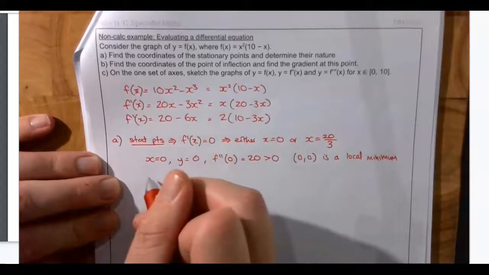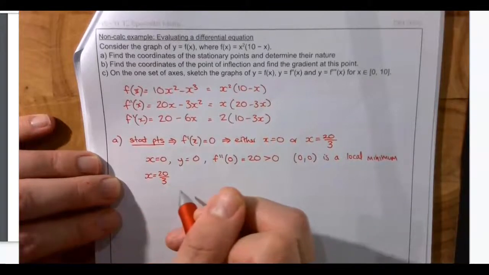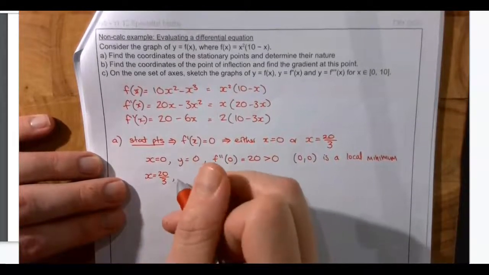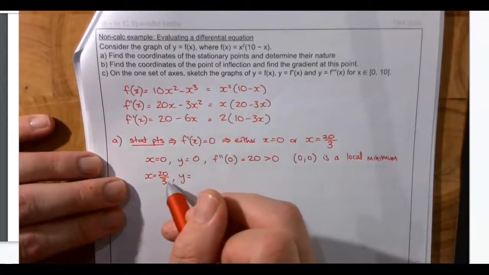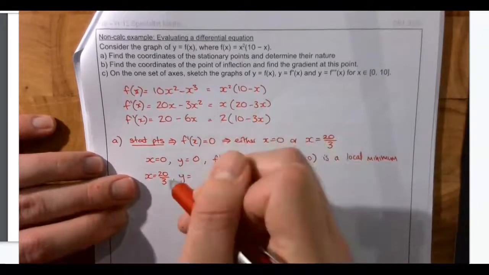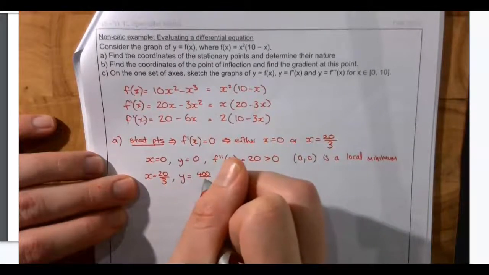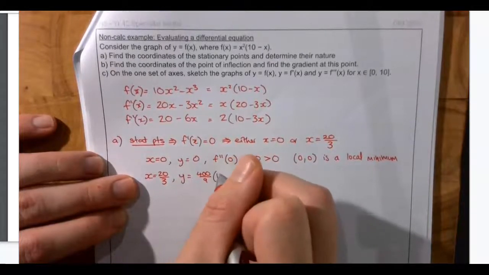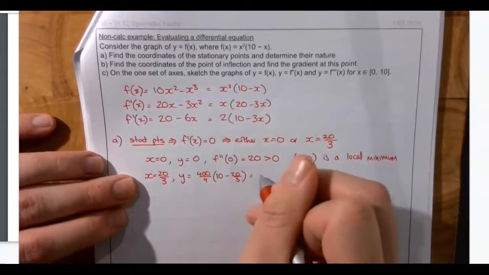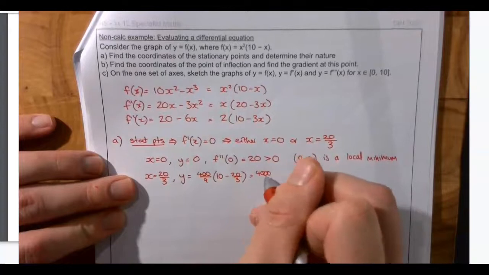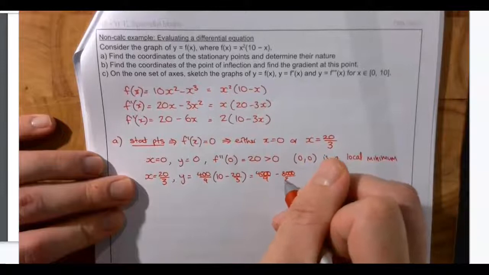We repeat that trick with the second point, slightly more complicated on the substitution here. If x equals 20 over 3 and we substitute in, and this is a non-calculator question at this point, so substituting in 20 over 3 into f of x, I'm going to have 400 over 9 times 10 minus 20 over 3, which is the same as 4,000 over 9, take away 8,000 over 27.